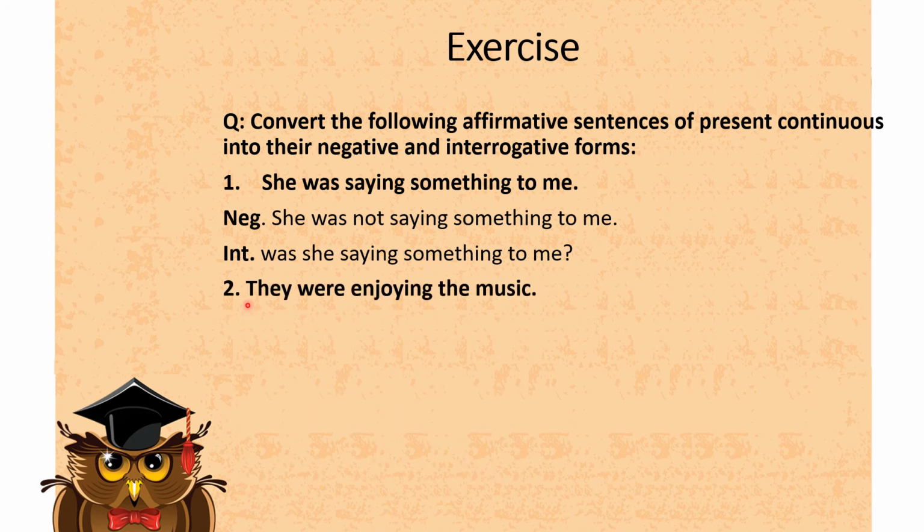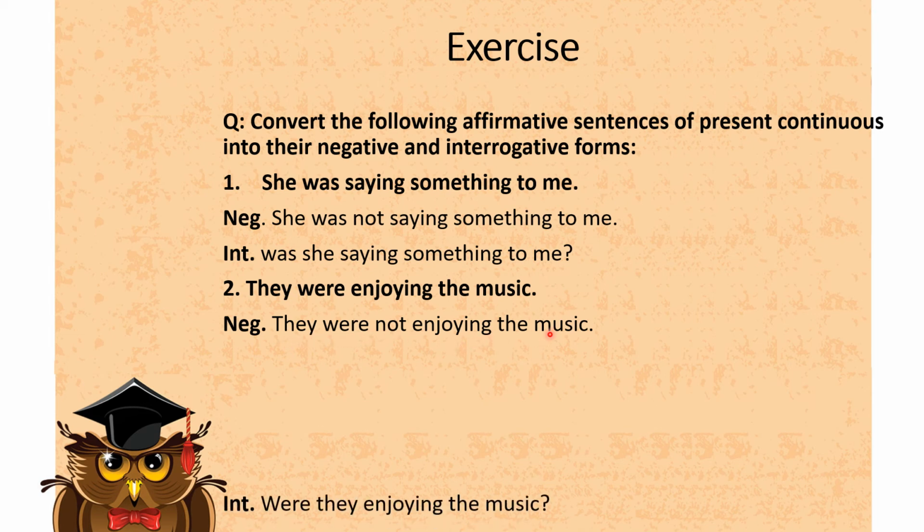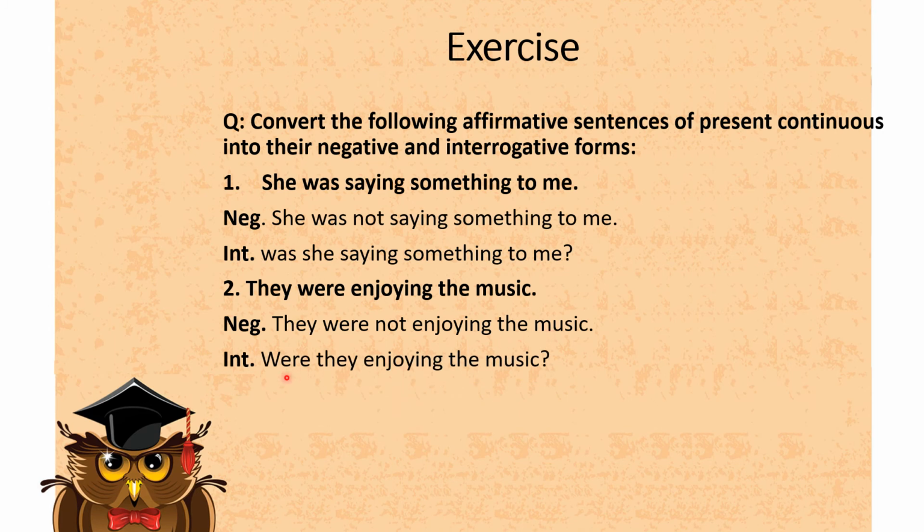See the second statement. They were enjoying the music. Your negative statement is they were not enjoying the music. Here is the interrogative statement. Were they enjoying the music? Your third sentence is Qasim was planning to buy a new motorbike.